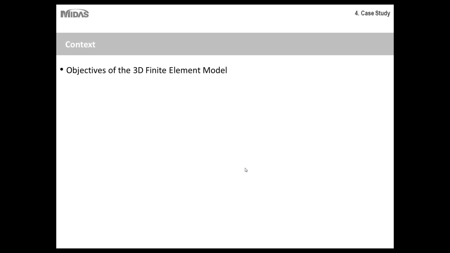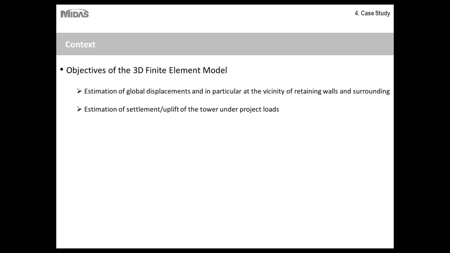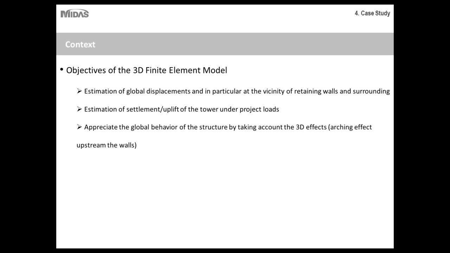So basically, what were the objectives of the 3D finite element analysis for this particular project? First of all, they wanted to estimate the global displacements, particularly in the vicinity of the retaining walls and the surrounding area. They wanted to estimate the settlement or the uplift of the tower under the project loads.